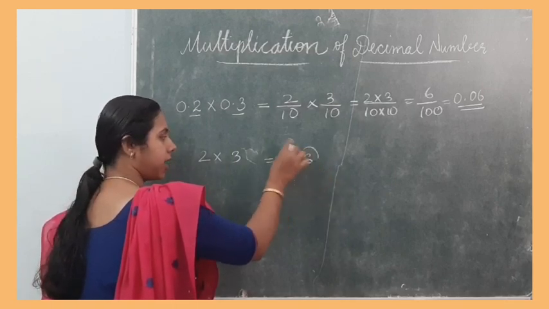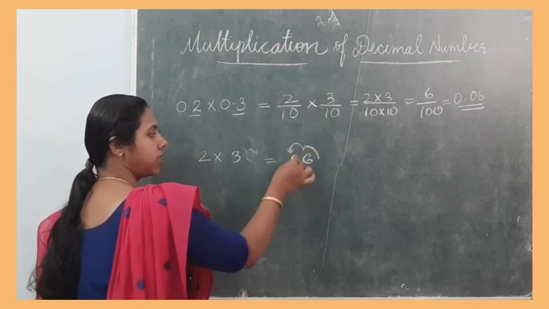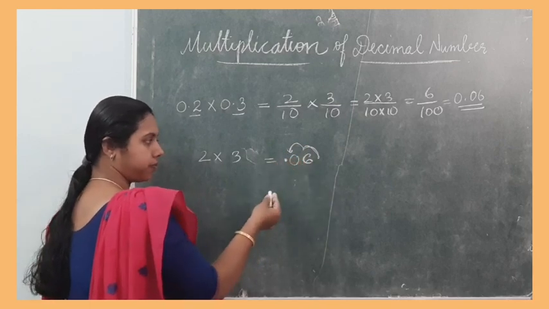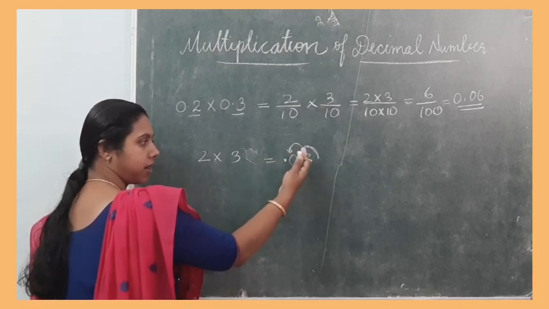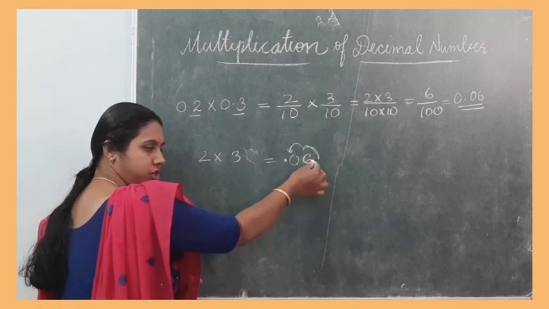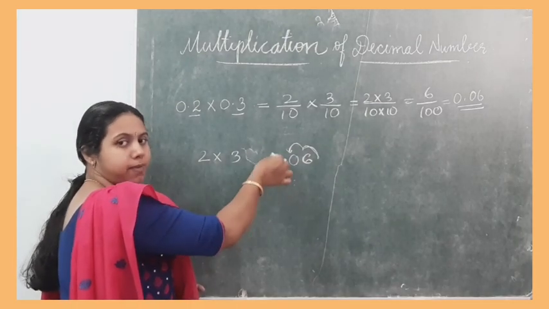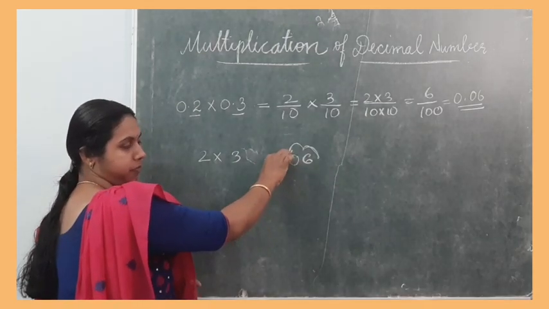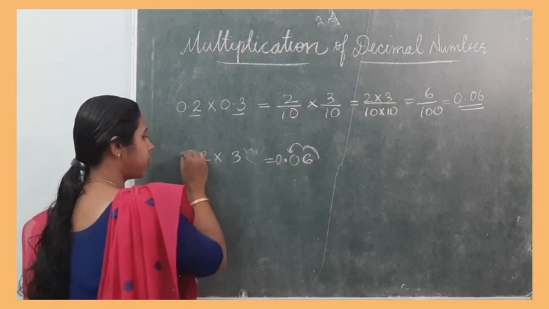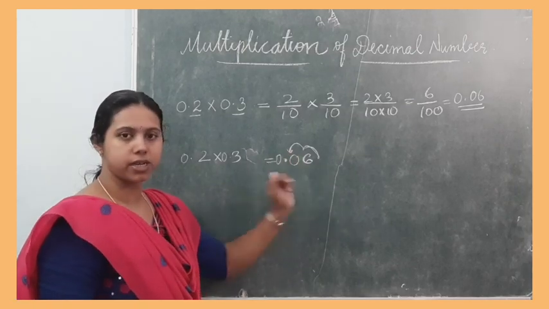So 1, 2. There is no place, so put 0. Then put the decimal point. Count the number of digits starting from the rightmost digit and move towards the left, then put the decimal point. So your answer is 0.06. So 0.2 into 0.3 is equal to 0.06.